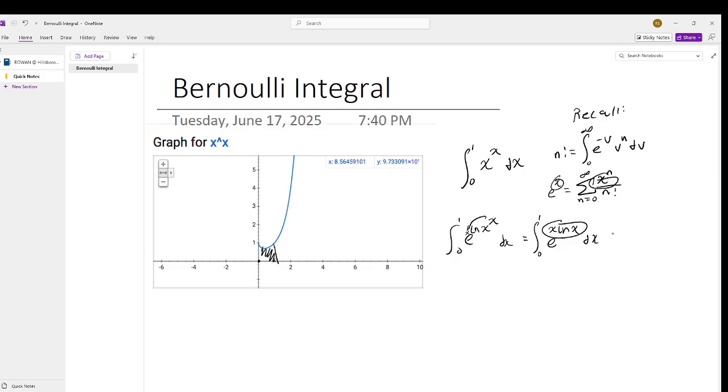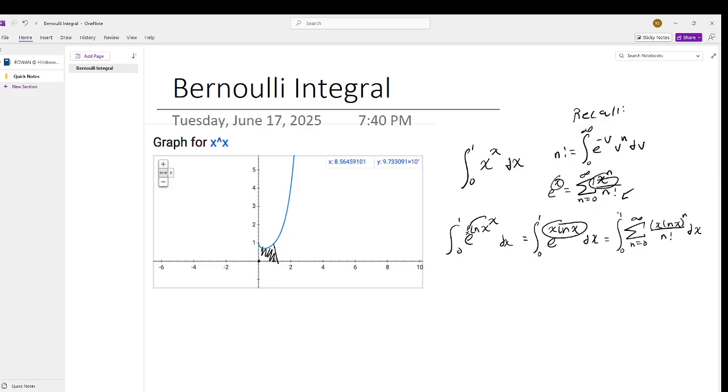So, using this expansion right here, we would get the integral from 0 to 1 of the summation from 0 to infinity of x ln x to the power of n divided by, of course, n factorial dx.